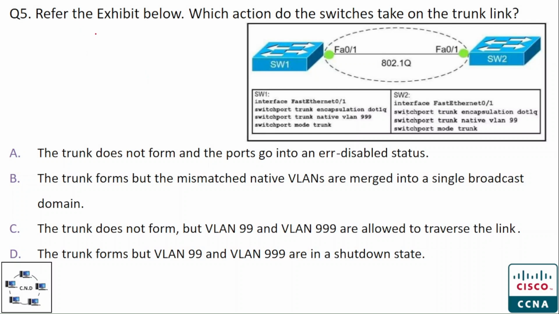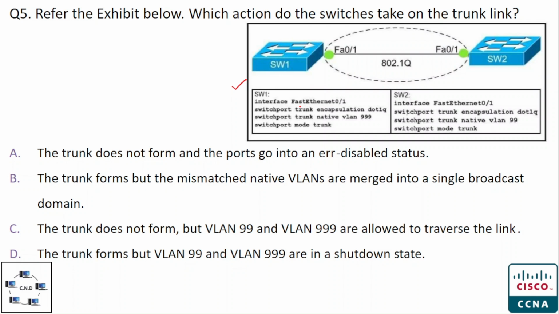Question number 5. Refer to the exhibit below. This is the exhibit. Which action do the switches take on the trunk link? So we have these two switches, and this is the configuration done on both. This is switch 1 and this is switch 2.